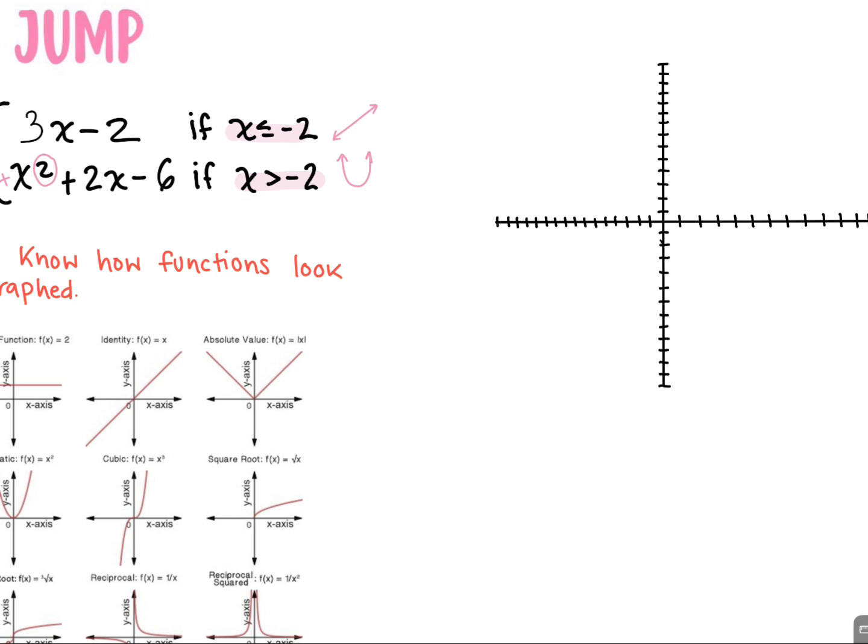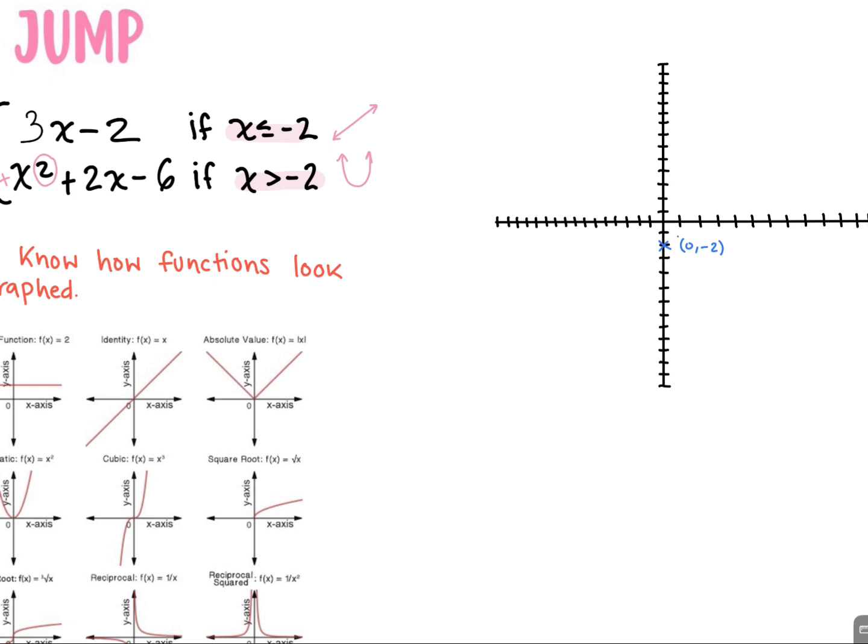I'm going to do it right here just for the sake of visualizing it, but I can't graph it because it is 0, negative 2. And the rules are telling us that x needs to be less than negative 2, so x cannot be 0. It needs to be something down here. But again, for the sake of this visualization, I'm going to graph it.